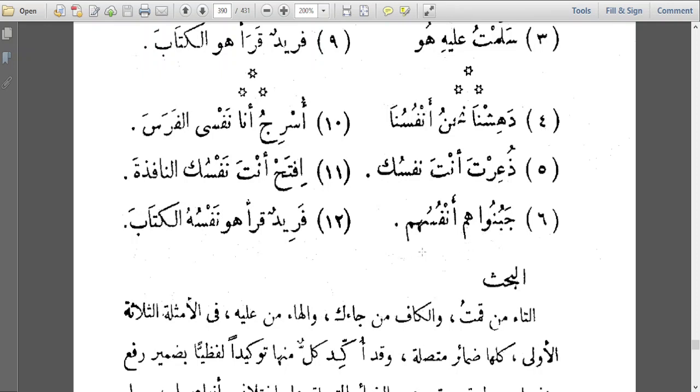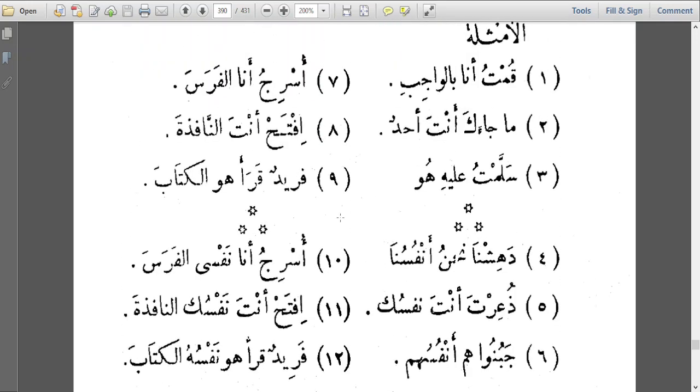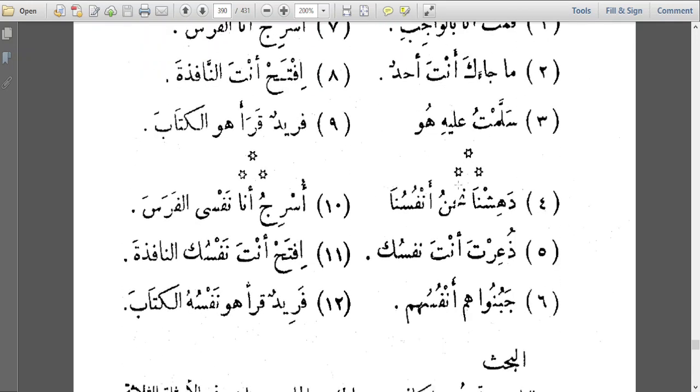They themselves became cowardized. They lost their confidence, or they themselves became scared. So here again, you realize that dahishna is being emphasized by nahnu, and then again by anfus. Zu'irta, the damir muttasil here, is being emphasized by anta.